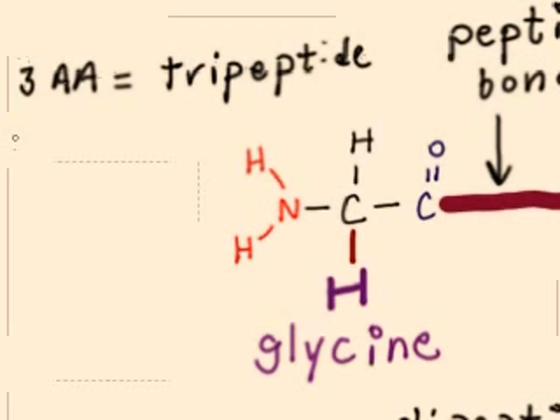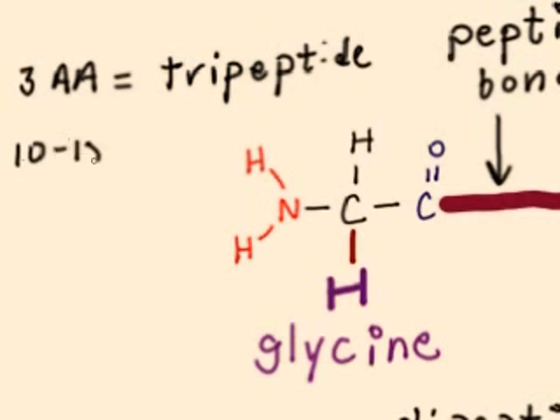If it's a structure that's made up of anywhere between 10 to 15 amino acids, because these structures are sometimes common, we call this an oligopeptide. Oligo means a few.